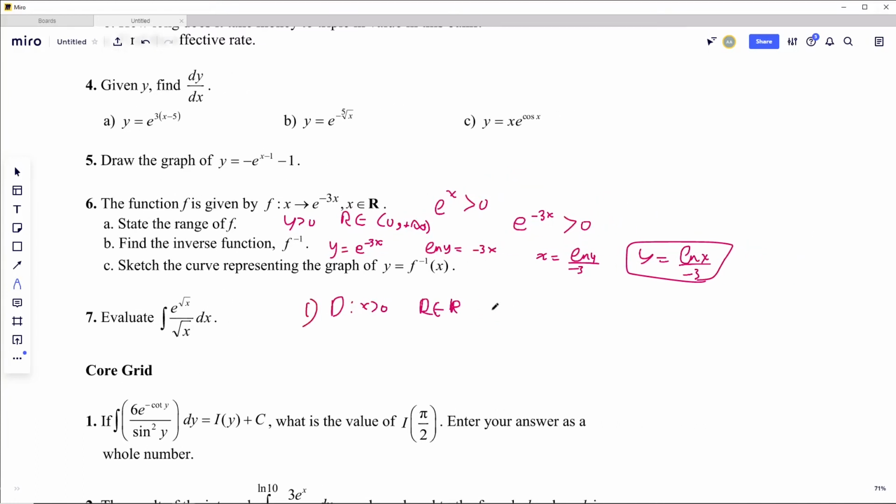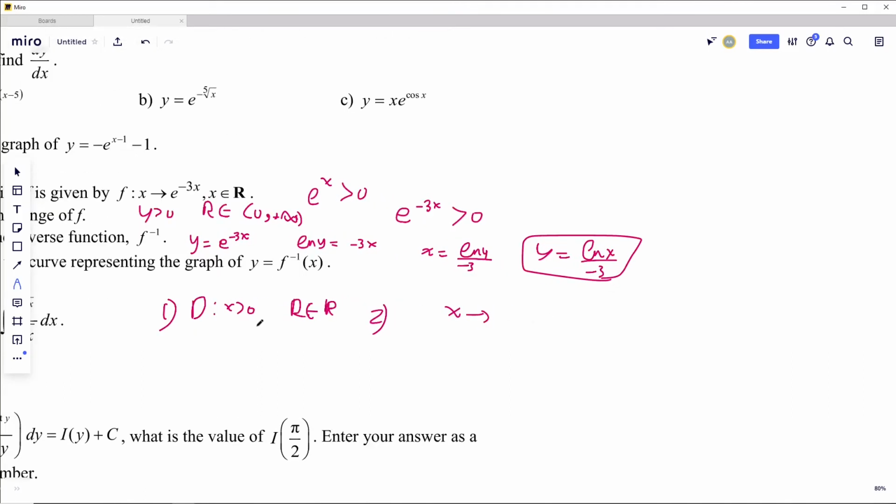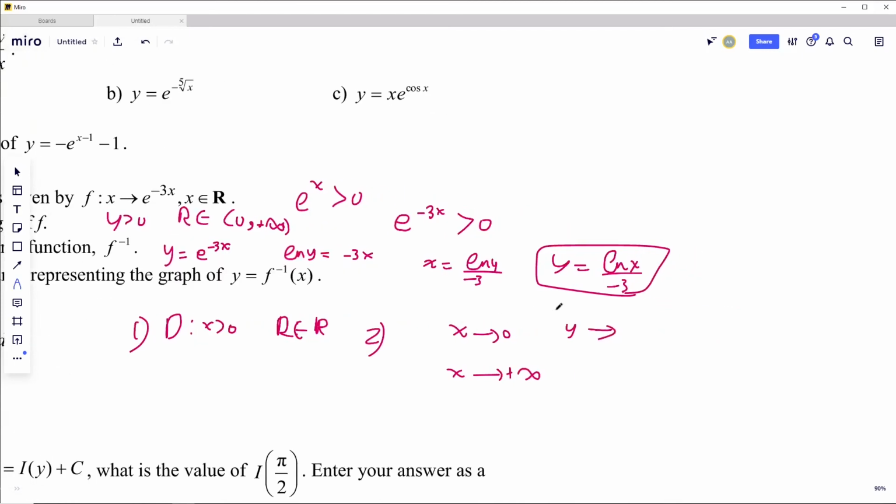That's the first one. Second is the behavior. As x approaches, I can do 0 and I can do plus infinity. I cannot do minus infinity because I'm restricted to greater than 0. As this approaches 0, with ln, the entire expression approaches minus infinity.